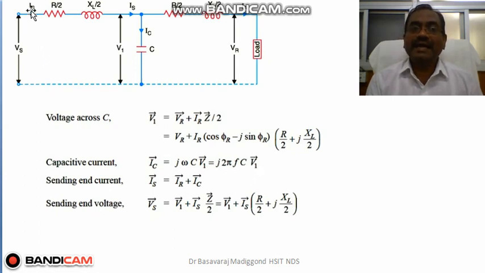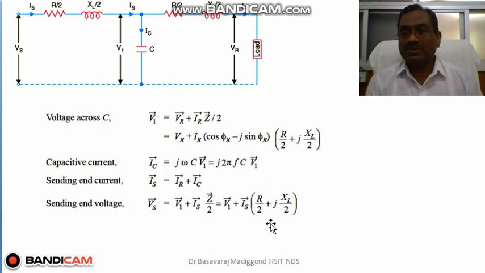Sending end current IS is equal to IR plus IC. So sending end voltage Vs is equal to V1 plus IS into Z by 2, where Z by 2 is R by 2 plus j XL by 2.